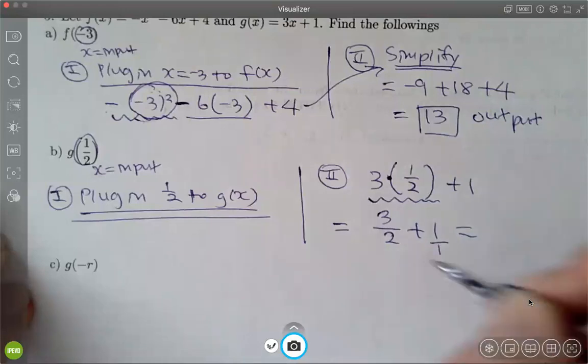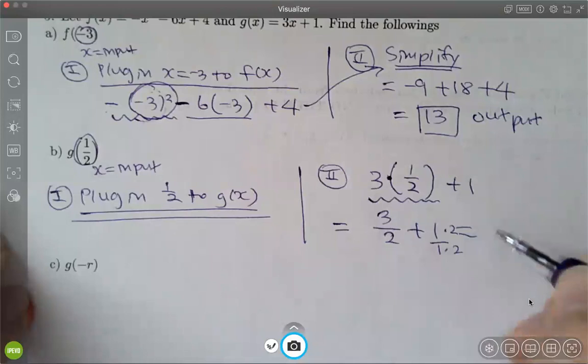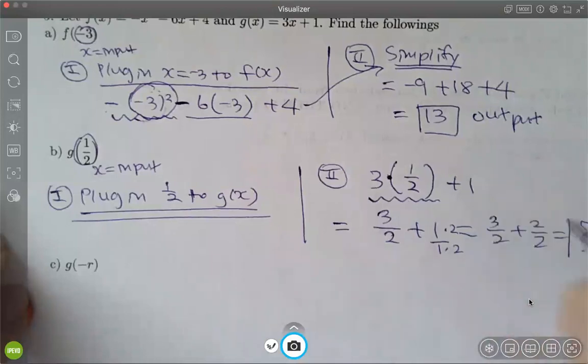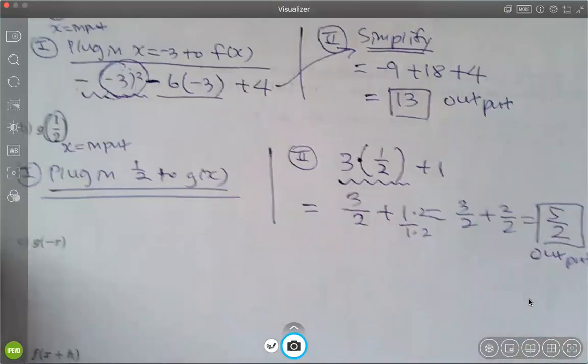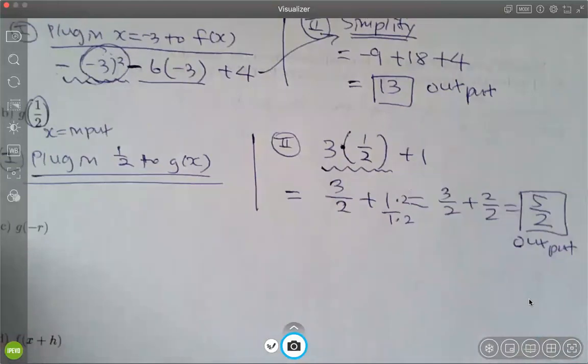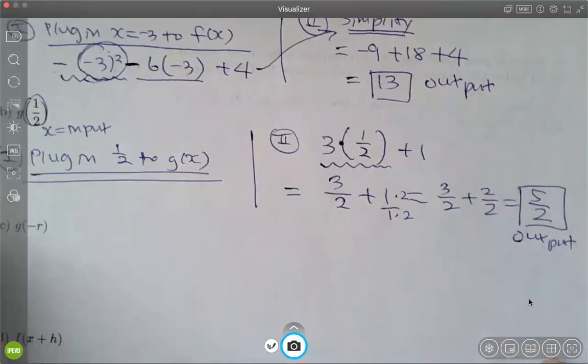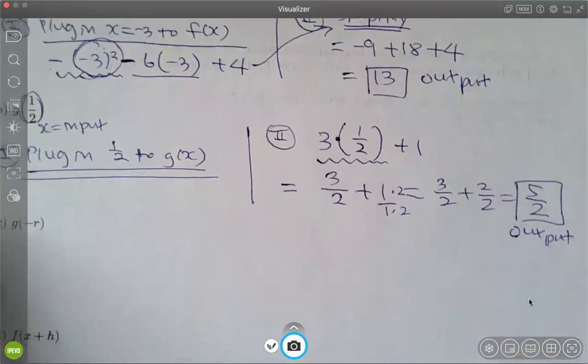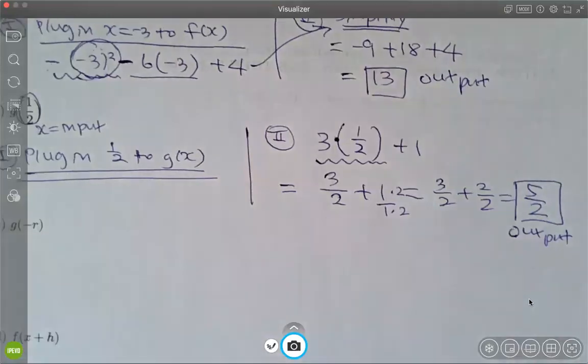Yeah, so 1 over 1 and then times 2 here. So 3 over 2 plus 2 over 2, 5 over 2, right? So that is the output, okay? Yeah, normally when we deal with fractions, people gradually become silent. Just sometimes dead silent, but hopefully fractions become your friends. Maybe your bad friend, not the best friend, but fractions have to be your friend eventually, okay?